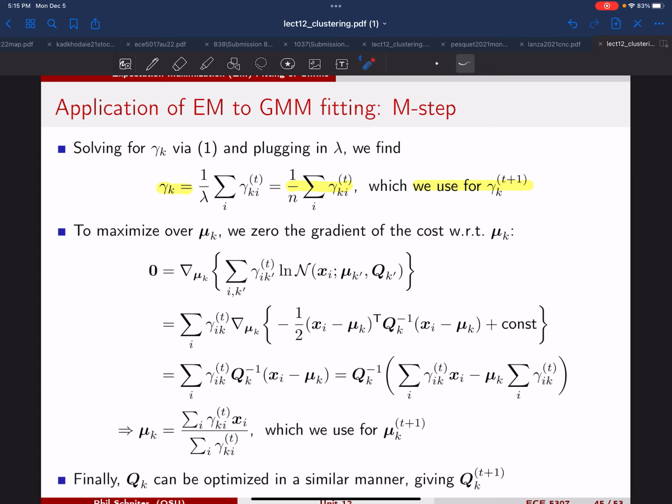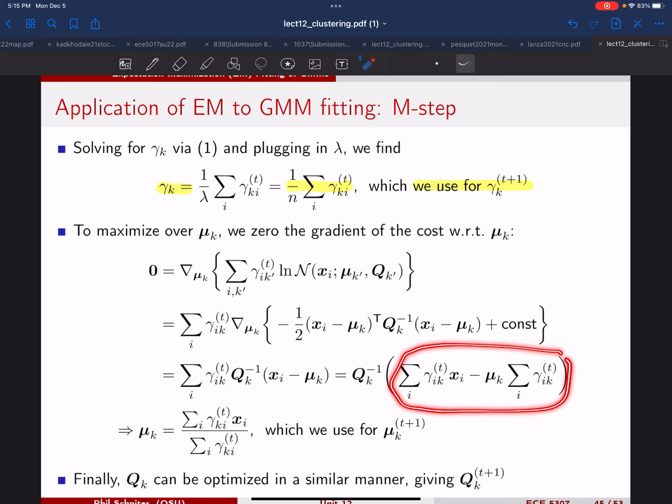That's something we've seen before in some of our earlier units. When it has this quadratic form like this, we end up getting this for the gradient. And now we want to set this to 0. We don't yet know Q k, so let's try to get around that. Notice this is a sum over i, so that means we can actually move Q k inverse, that matrix multiply, to the outside, as long as it's sort of like moving this sum over i to the other side of Q k.